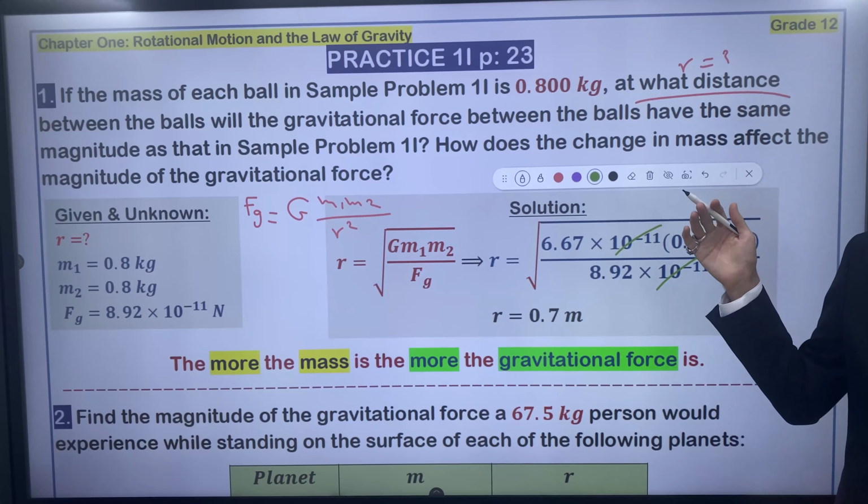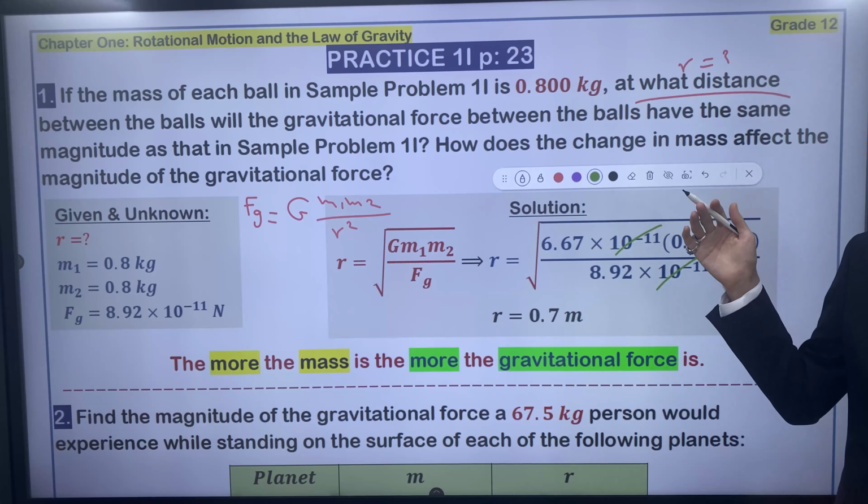If the mass of the object increases, what's the relationship, or how does the change in mass affect the gravitational force? Based on this equation, look here. Which kind of relationship is there between mass and gravitational force? Is it directly or inversely? For sure, you know the answer.